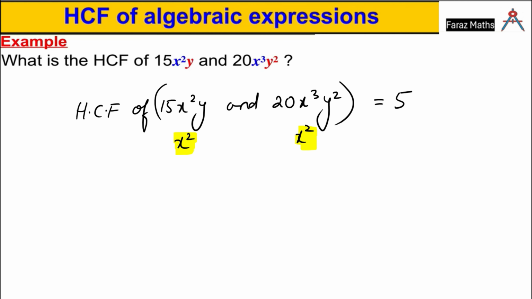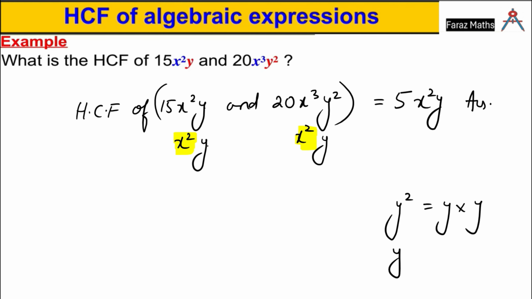In between y and y square, y is there, and in y square we have y also. So x square y is the common part, and 5x square y is the final answer, because y is present in y and y is present in y square also. Y square means y times y, and y means y, so y is present in both.